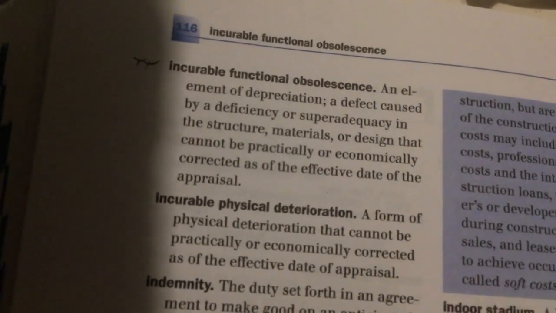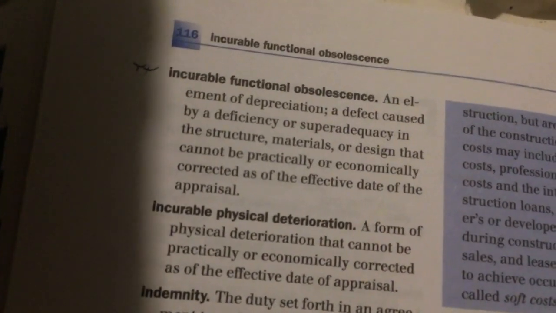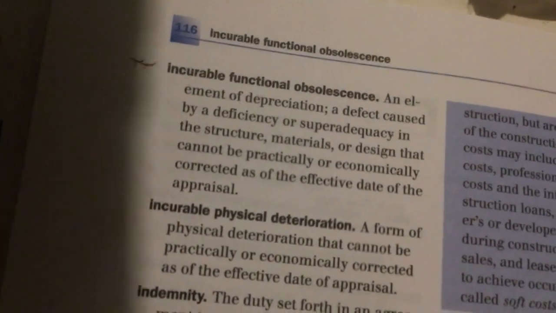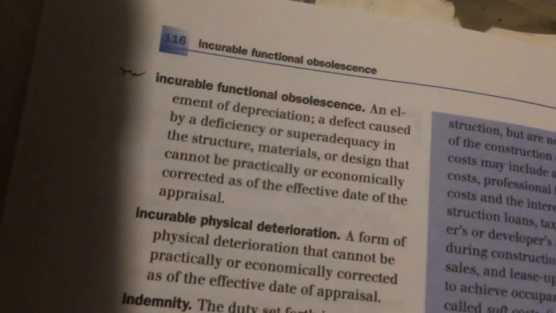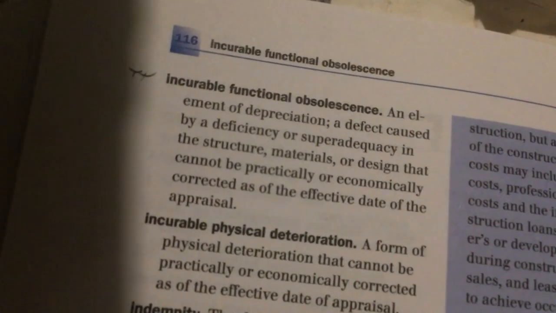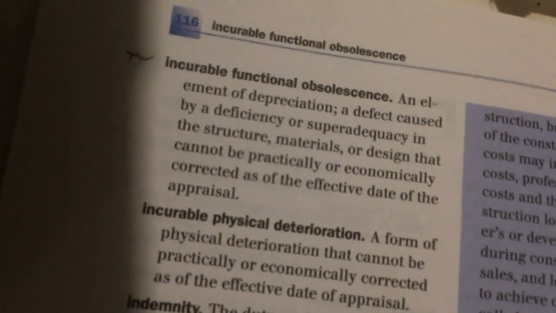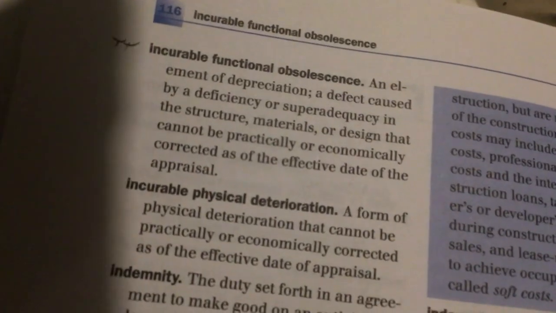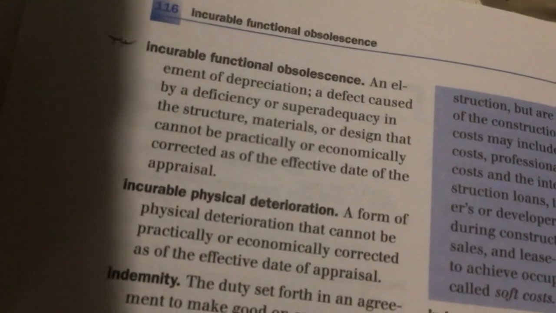Incurable functional obsolescence means an element of depreciation, a defect caused by a deficiency or superadequacy in the structure. I'll teach you guys about superadequacy in the future. Materials or design that cannot be practically or economically corrected as of the effective date of the appraisal.